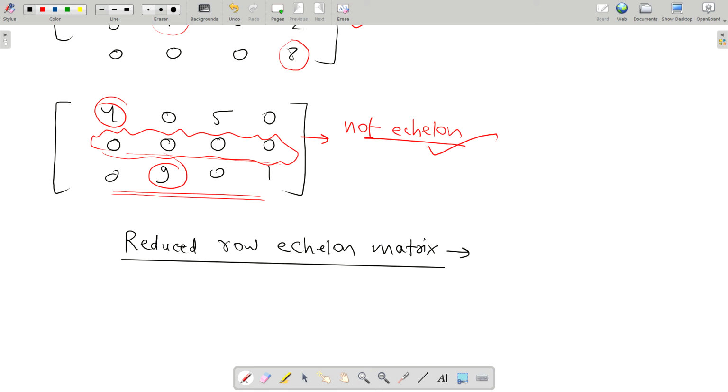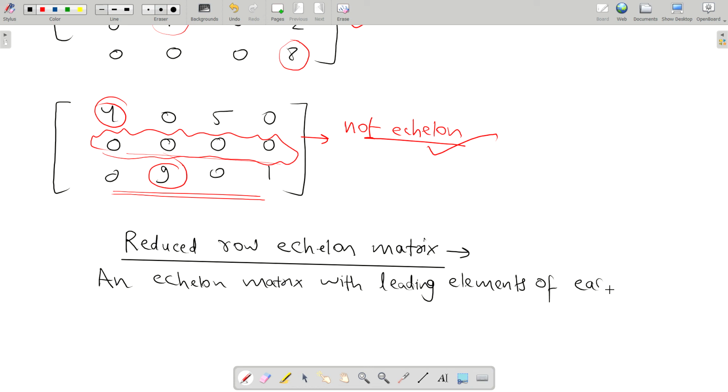The only difference is that it is an echelon matrix with the leading element of each row equal to 1. For every row, the leading element should be equal to 1.